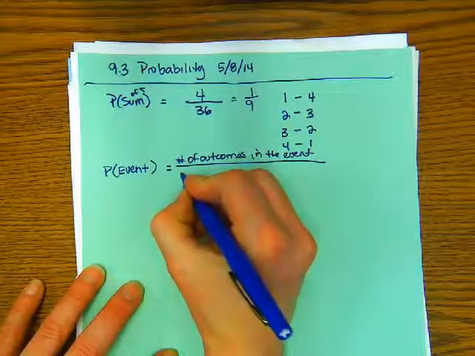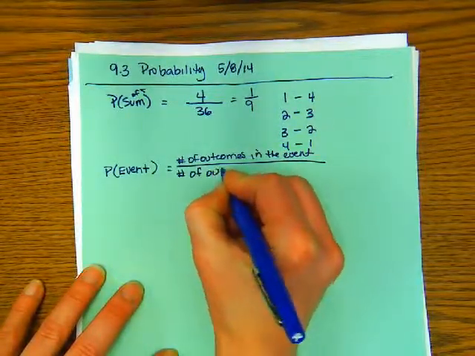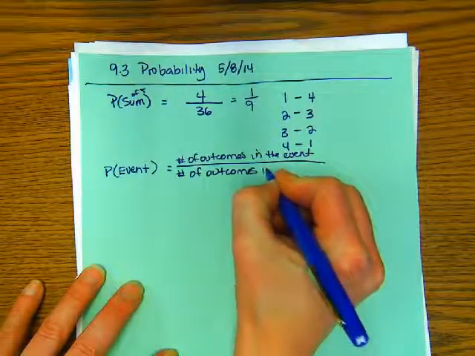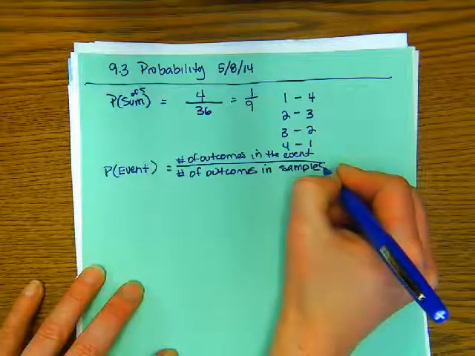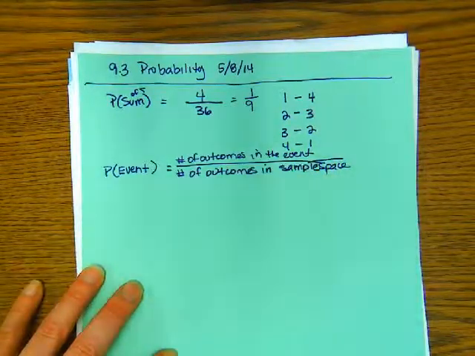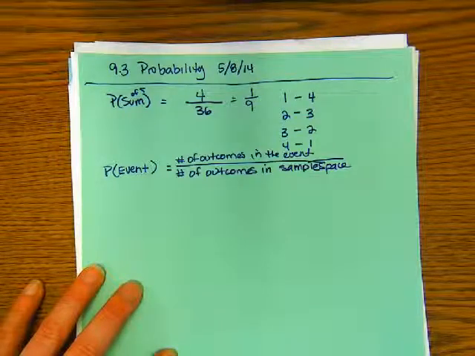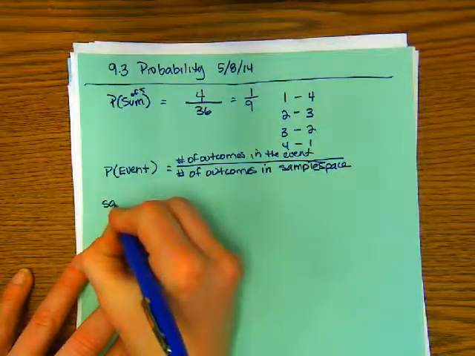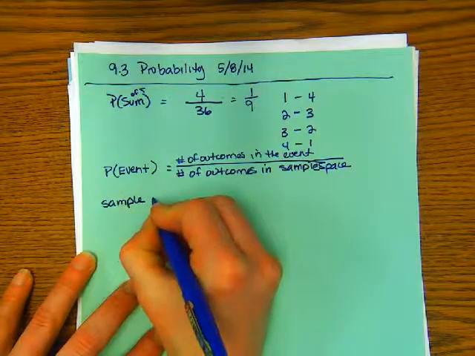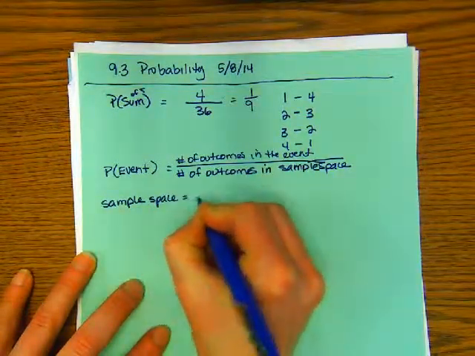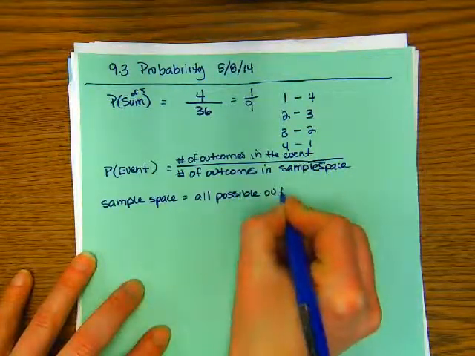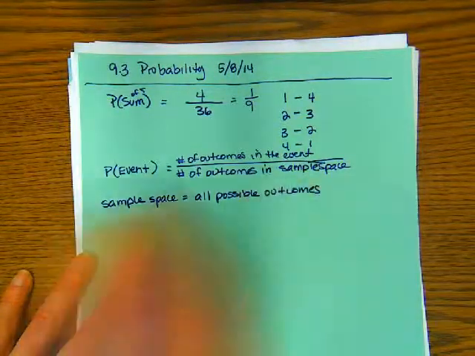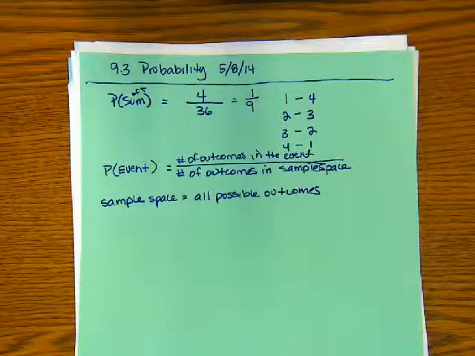And then on the bottom, number of outcomes in the sample space. And I'll tell you what a sample space is in a second. The sample space is just all possible outcomes. So really we're going to be using methods of counting.